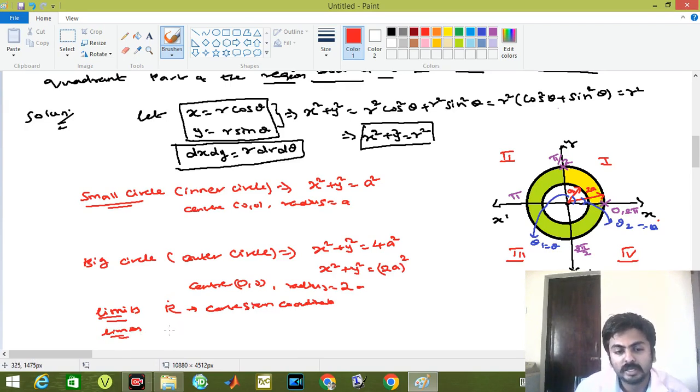In polar coordinates, the limits of r mean the distance here is a and here the distance is 2a. So you are finding the region between them. So the limit of r is a to 2a, and the theta limit is 0 to pi by 2.